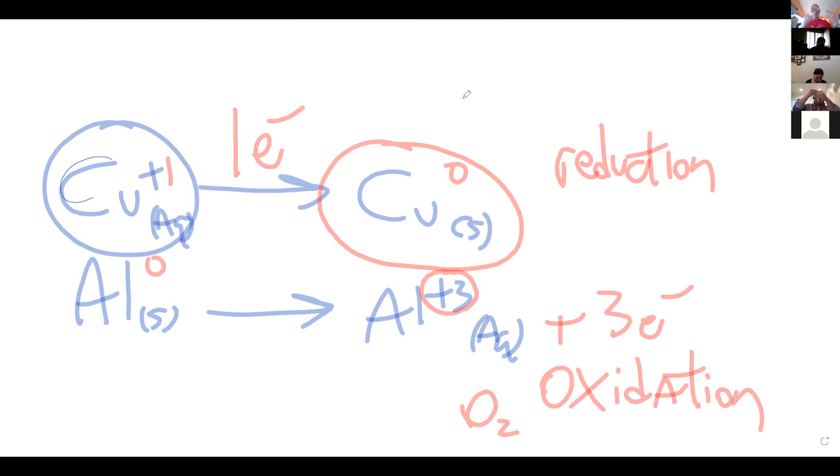So what happens if we were to balance this reaction? We would have to balance the number of electrons. And so in fact, 3 ions of copper were reduced with 3 electrons to 3 neutral copper atoms, while 1 aluminum was turned into aluminum +3.